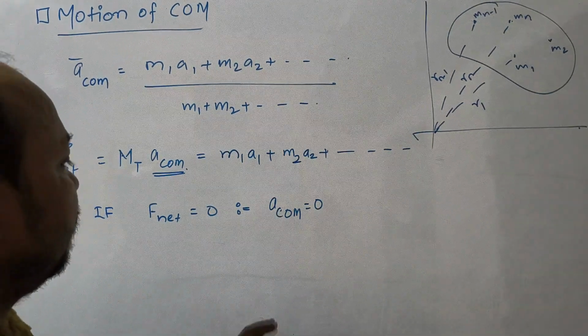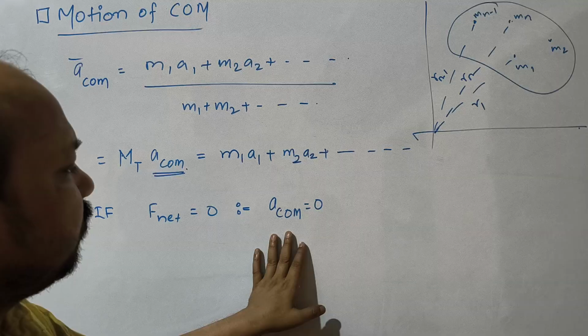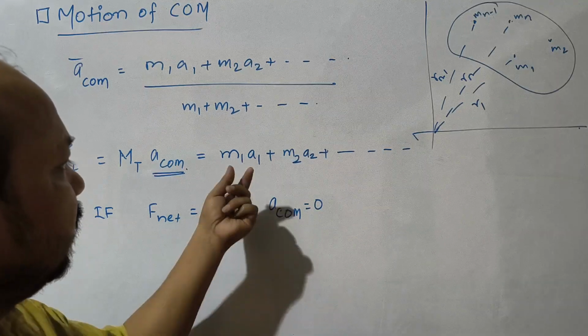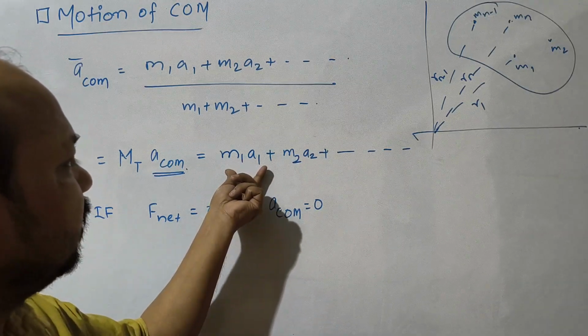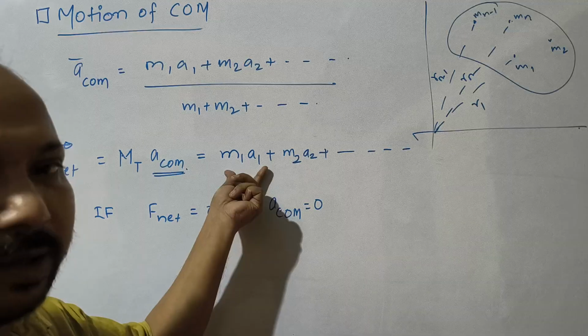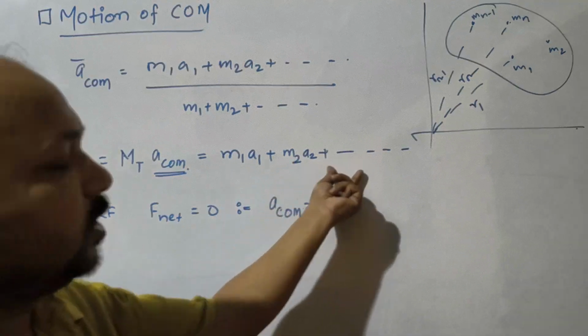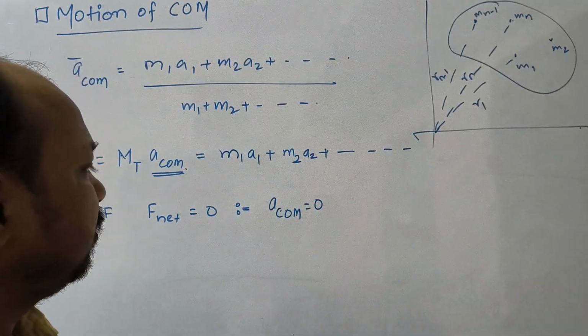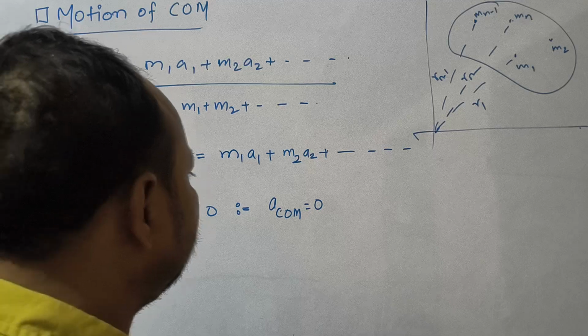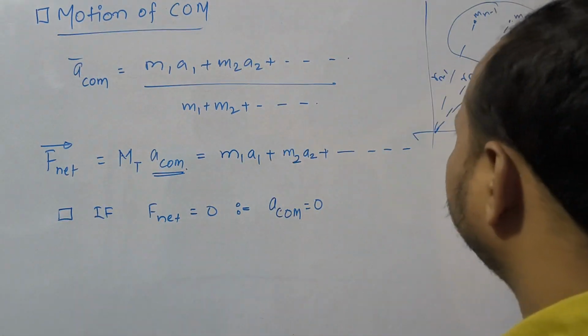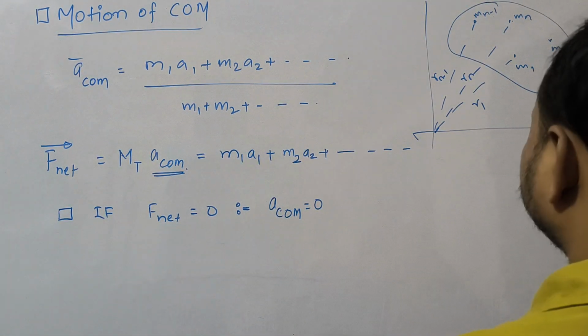Now if the acceleration of center of mass is 0, can we say that the accelerations a1, a2 are also equal to 0? So keep in mind, let me discuss with one example.